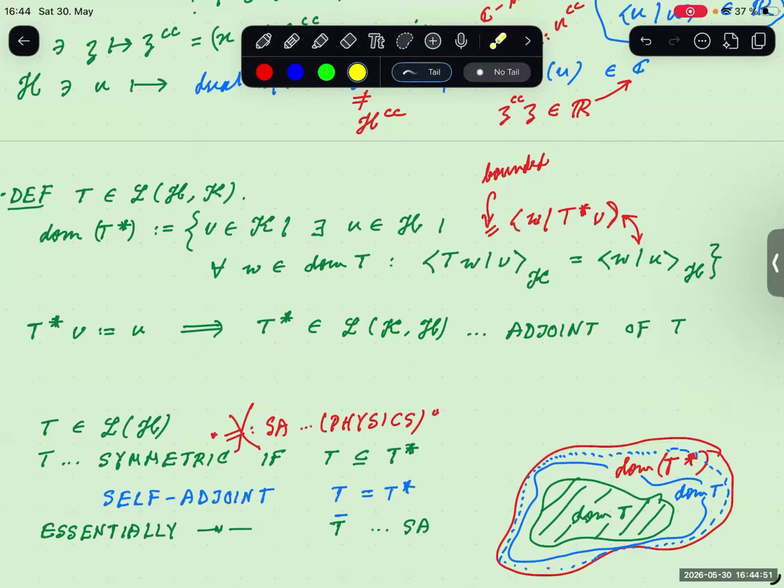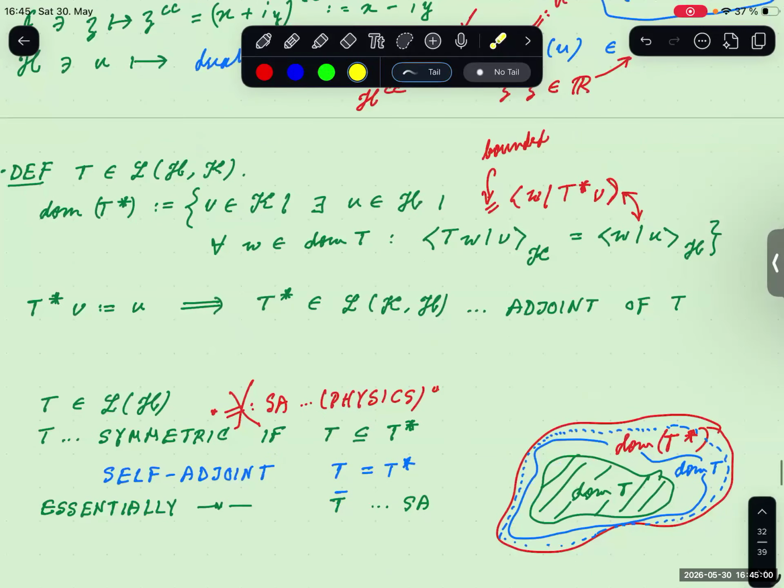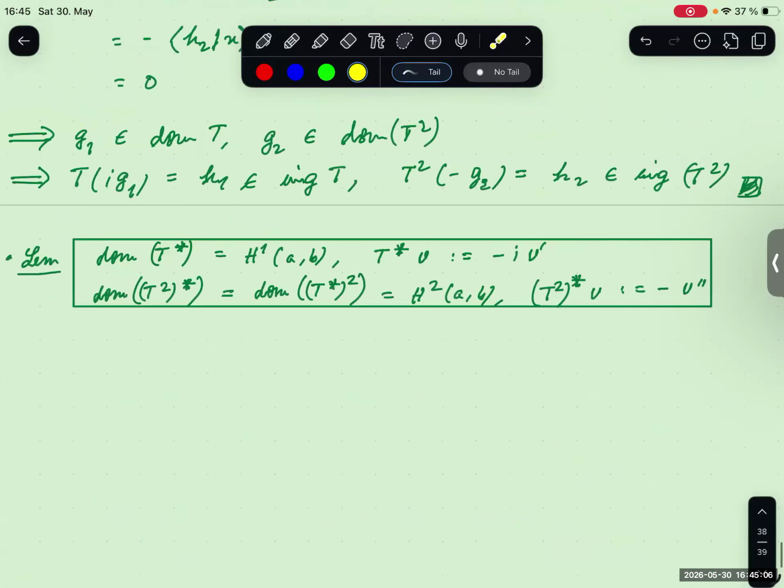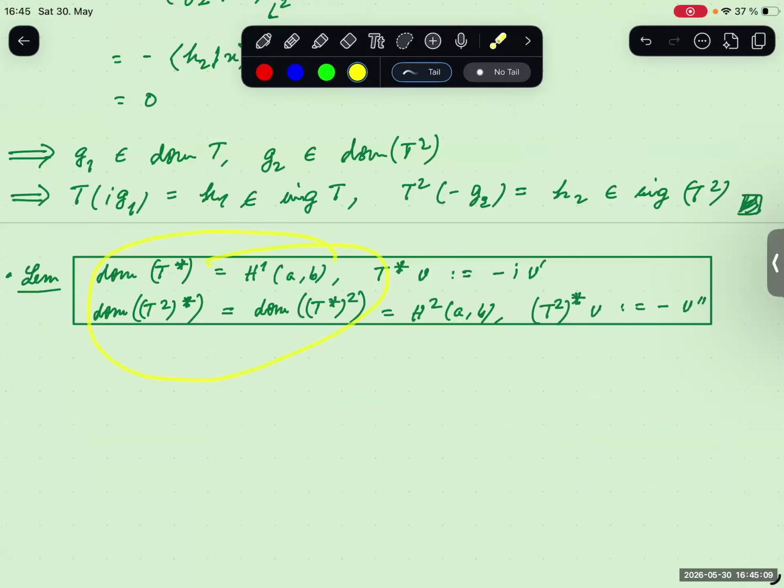Now we have considered perhaps one of the simplest non-trivial operators, the first derivative, and then the second derivative. And the question is, what is this domain? This is precisely the domain, and once we have the domain, we can define the operator, and that's how it is defined.